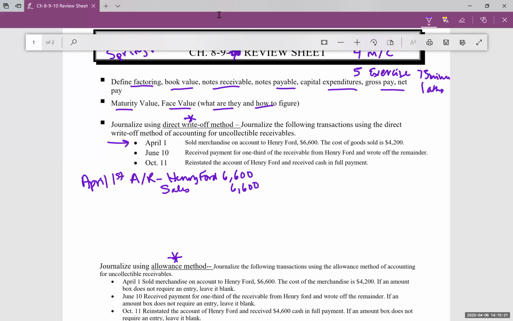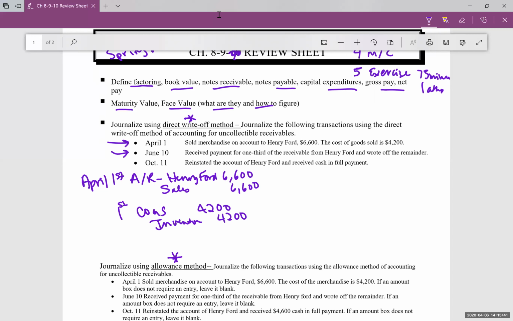And also the second entry for the first is to hit cost of goods sold for 4,200, and inventory gets the credit for 4,200. Okay, so that's the April 1st entry.